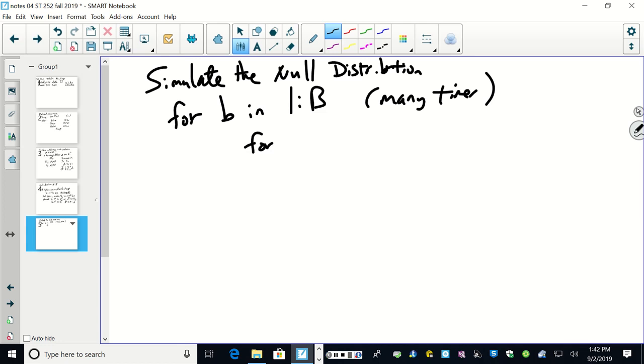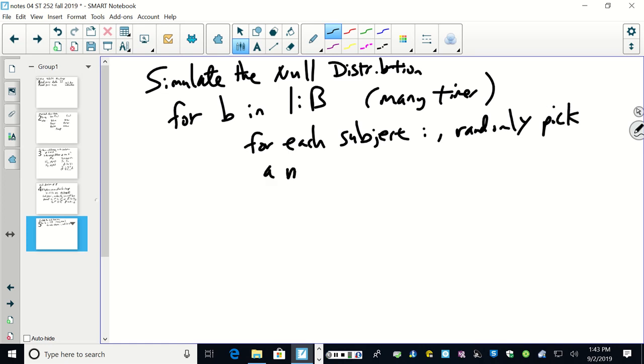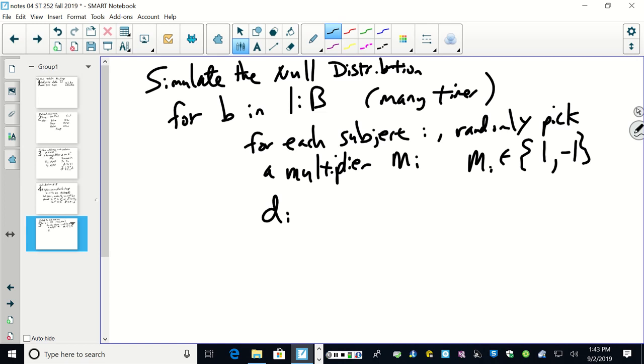For each subject i, randomly pick a multiplier, call it m sub i, and m sub i is either going to be 1 or negative 1. Pick one of those two. And then we're going to let di star equal our original di times that multiplier.